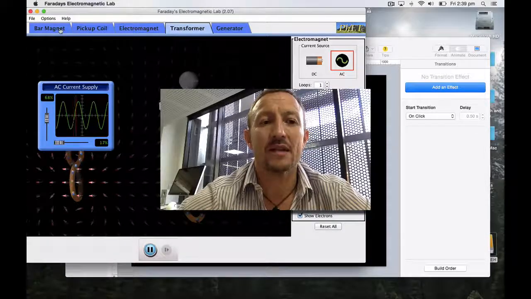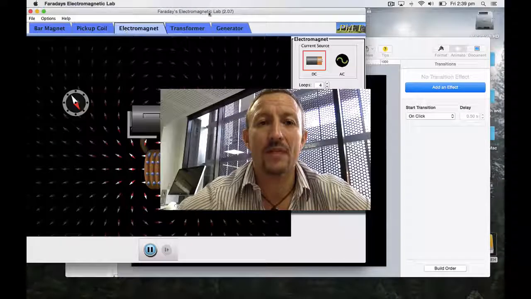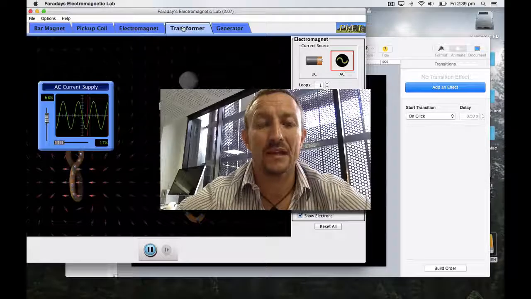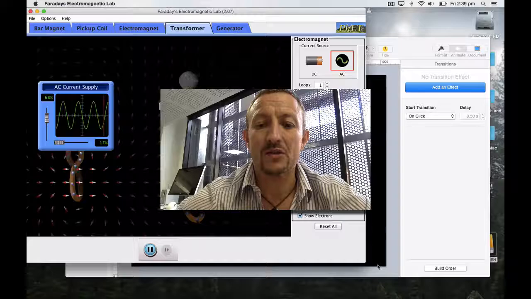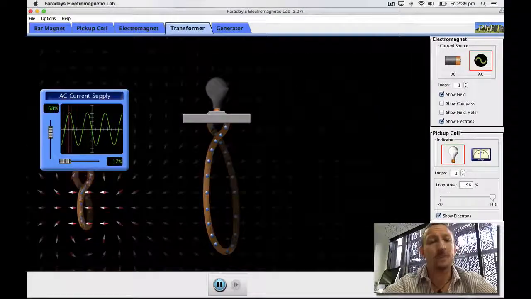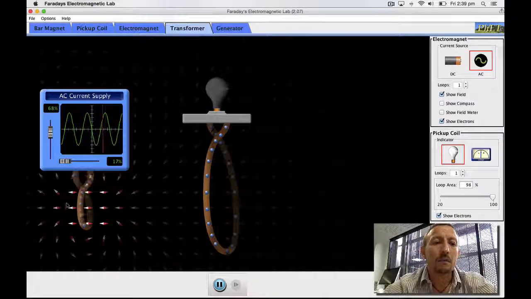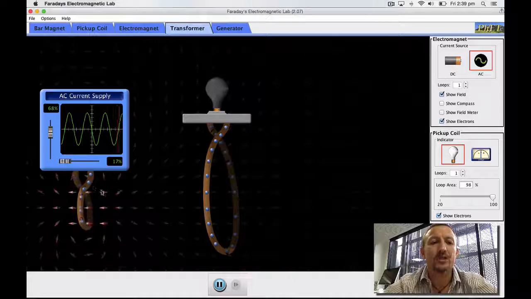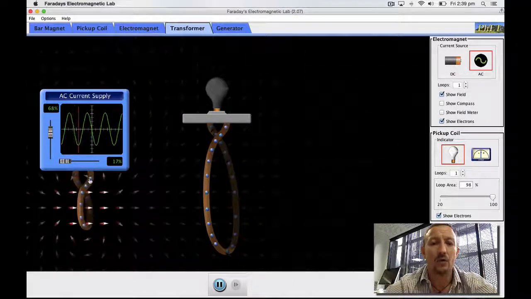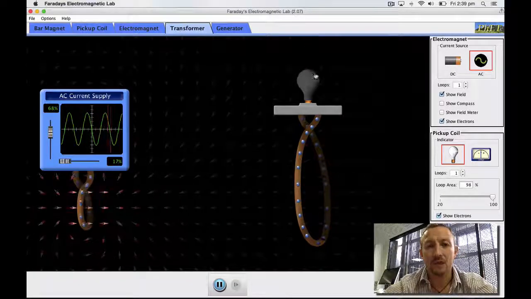Now remember, just like I said with the generator, we've got the bar magnet, pickup coil, electromagnet and generator, all of which we've looked at throughout this electromagnetism course. Okay, so if I open up the screen here, what we get is a power source which is generated through a single current, through a single coil, and then we have another coil over here which is linked to a light bulb.